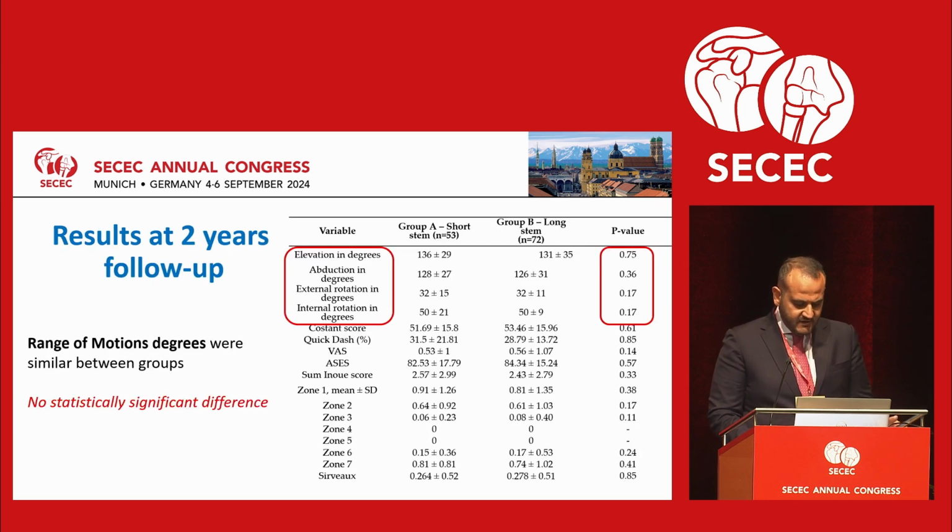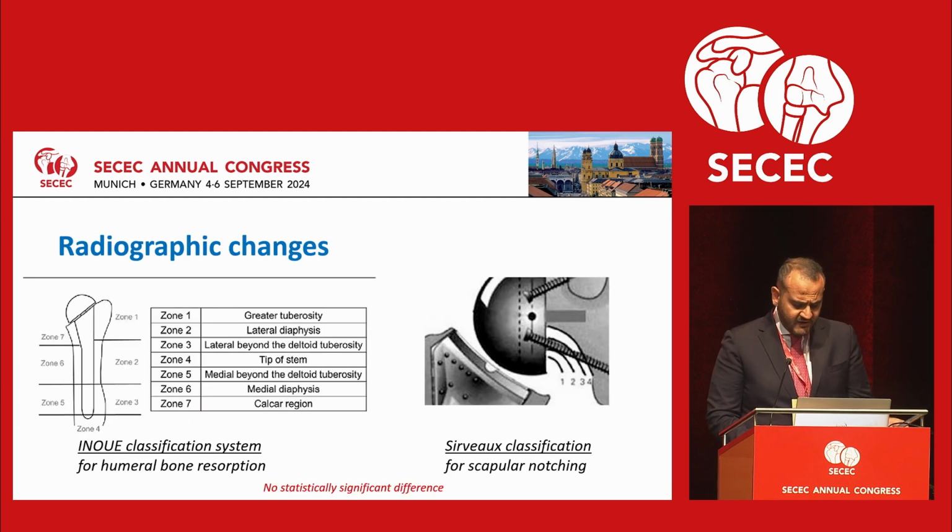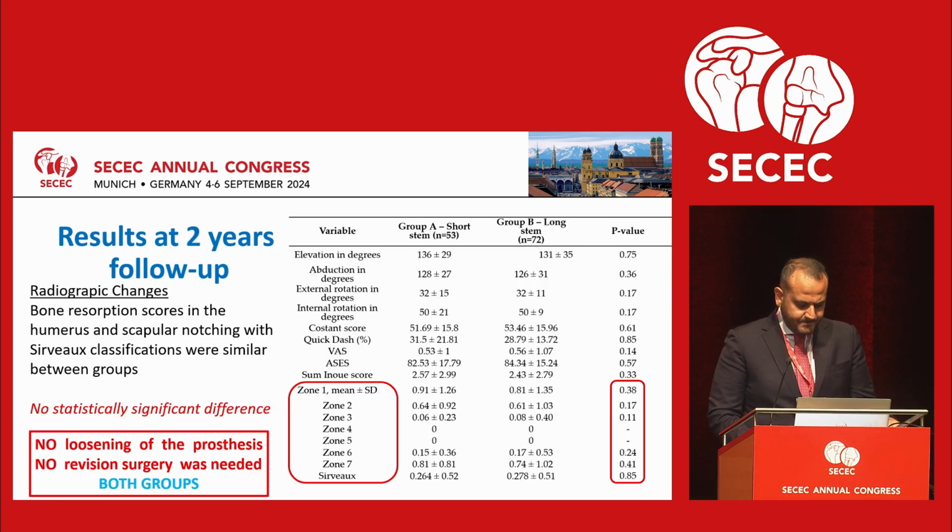At 2 years, range of motion in degrees was very similar, with no statistical difference. Also clinical outcome in Constant score, DASH, and SS score. Radiographic changes were studied by classification system and Sirveaux for scapular notching.